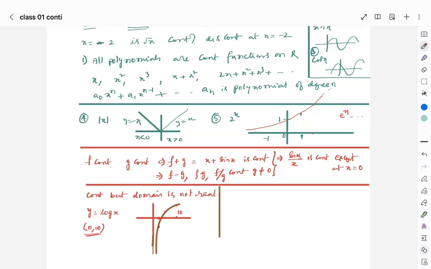So now let us take some other function, root x, where it is defined from 0 to infinity. How does the graph look? Y square equal to x is a parabola, but y equal to root x will be this, only the upper part.